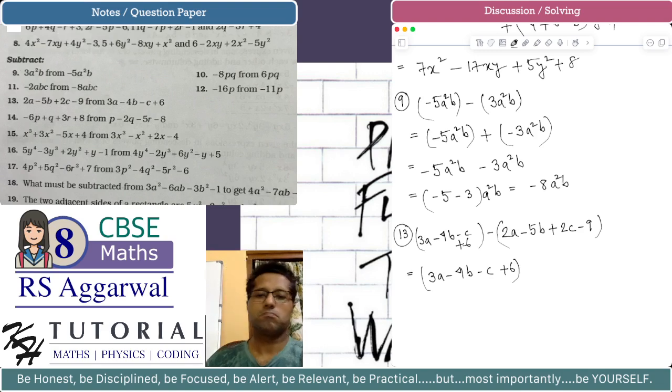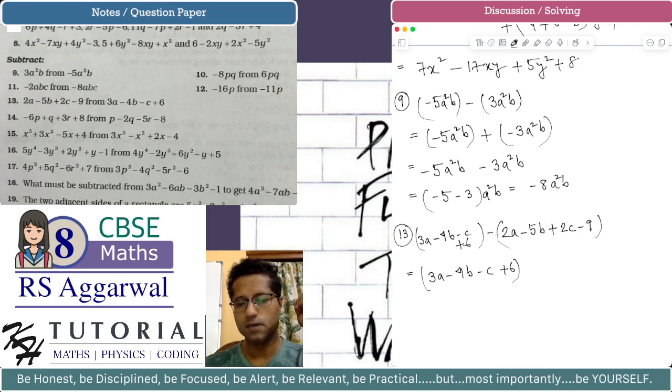now subtracting. There are two ways of finding the subtraction of two algebraic expressions. One way is using the concept of a minus b is equal to a plus additive inverse of b.